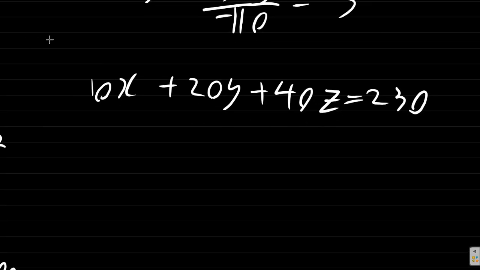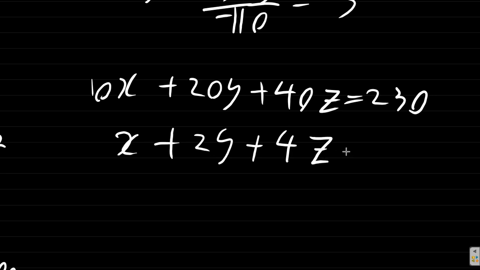As I said, we could have divided everything by 10 from the row in order to get smaller numbers. We didn't do it before, but let's do it now. Divide by 10, you get x plus 2y plus 4z equal 23. Alright. It looks a lot less stressful on the brain with the smaller numbers.